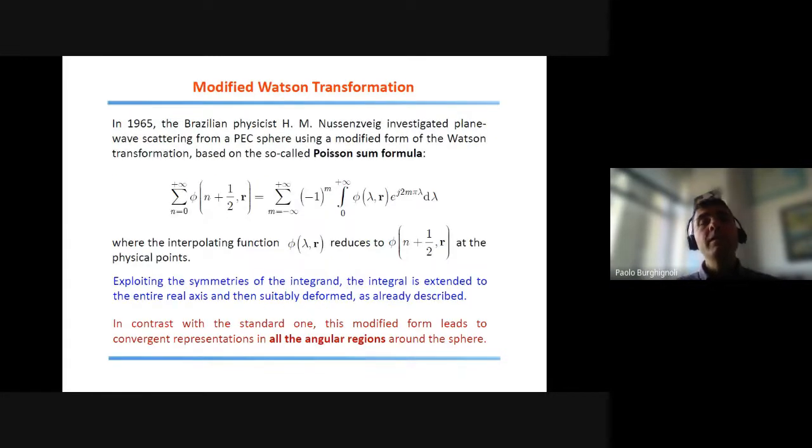Now, it turned out that this representation, based on the Watson transformation, was not the most convenient.